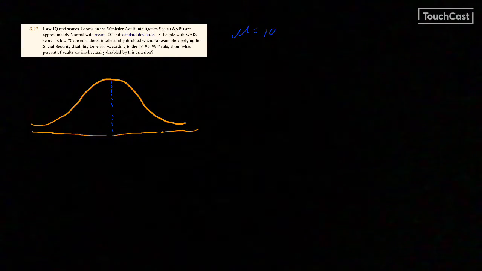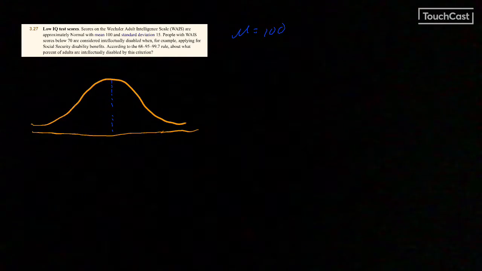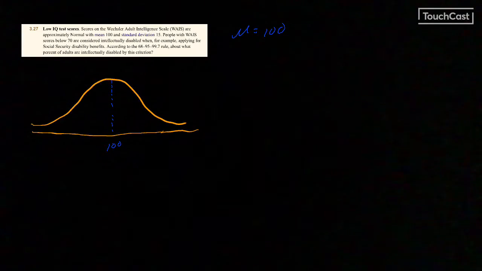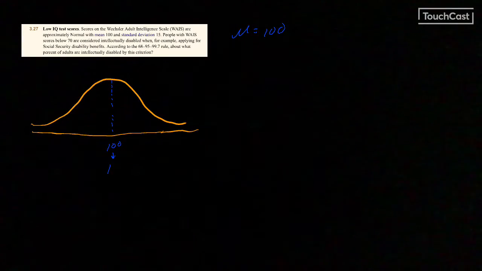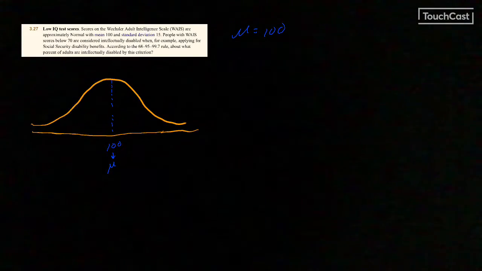And the median they gave us, I'm sorry, the mean, my bad, the mean is 100. So they're giving us some information. They gave us the mean is 100. So this is 100, and this is the mean. They also gave us a standard deviation of 15.